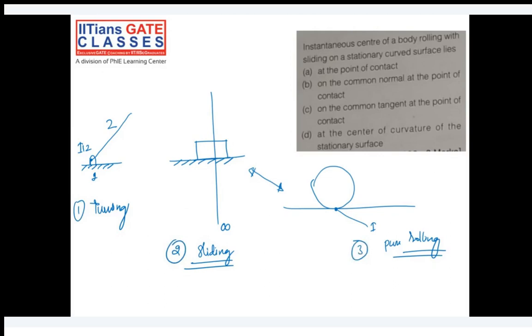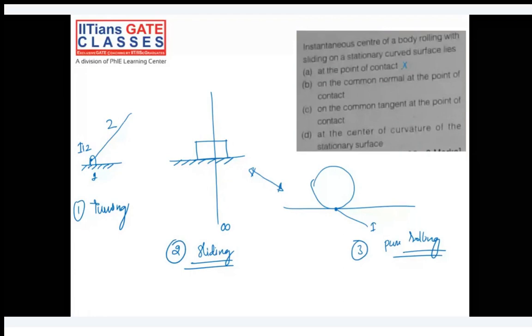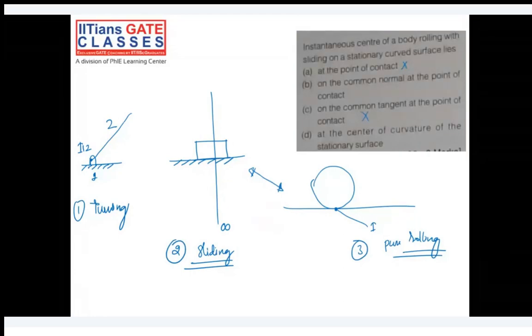So this question is in between 2 and 3. It's rolling with sliding. Okay, so you can say that it's not at the point of contact. Even it is not at the common tangent. The common tangent would be like something, the common tangent, right? So it is also not correct. At the center of the curvature of the stationary surface.